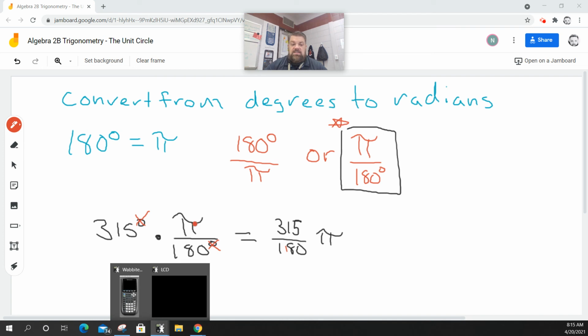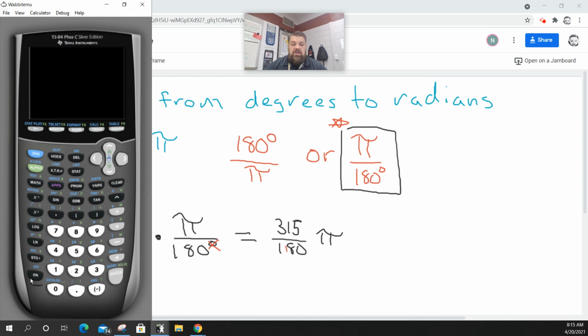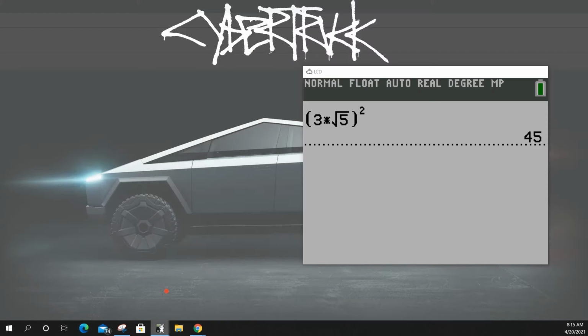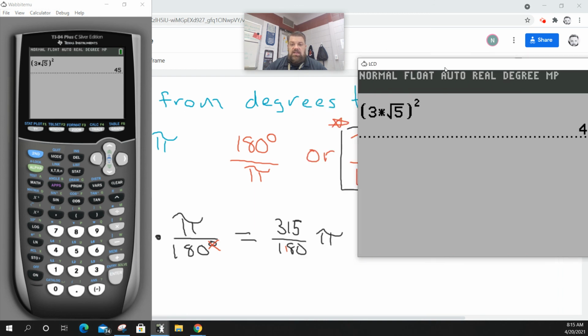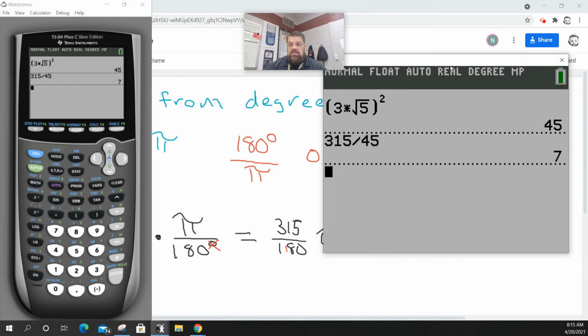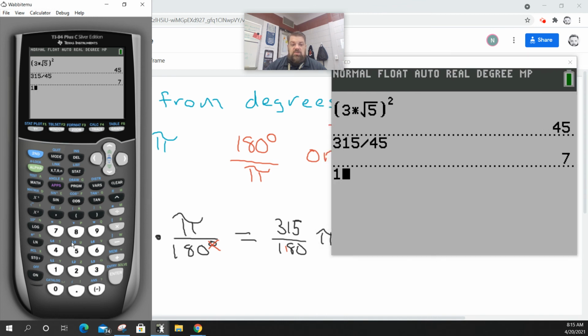So let's see. If I turn on my calculator and I say, is 315 divisible by 45? Yep, 7 times. Is 180 divisible by 45? Yeah, 4 times. I've kind of memorized this.